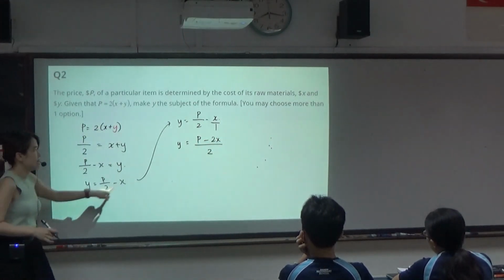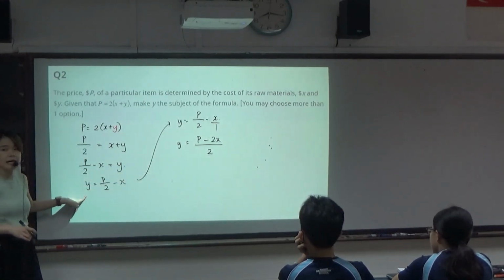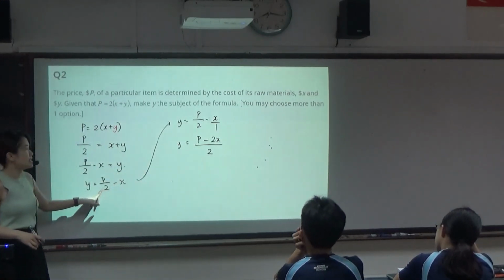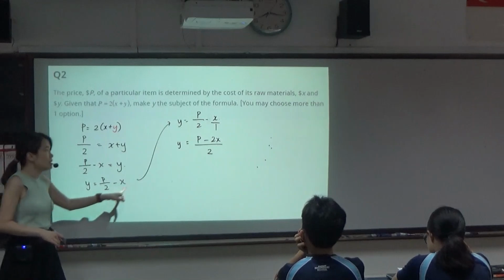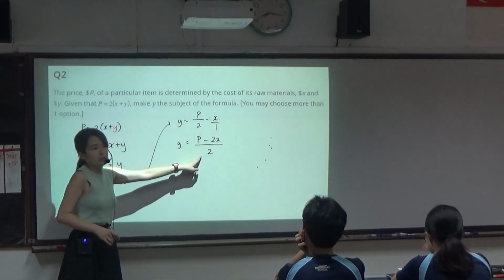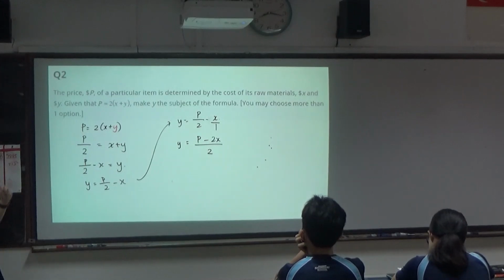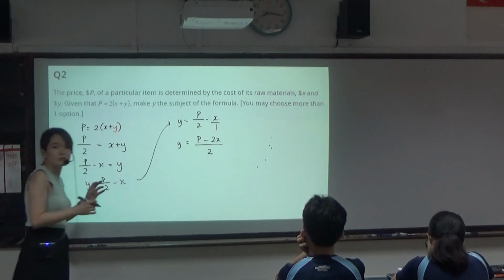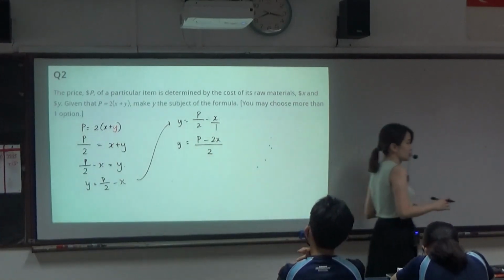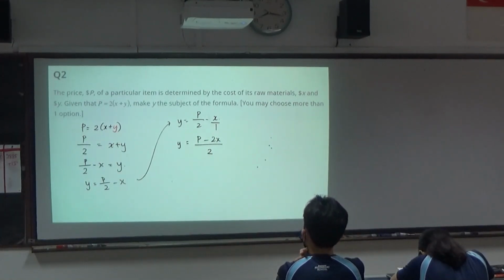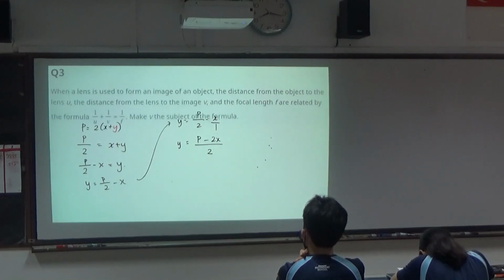Okay, so this and this over here, they are the equivalent answers, right? It's just that this doesn't share a common denominator, this shares a common denominator. Okay, so I need you to be able to recognize what is considered equal to each other or equivalent to each other. Okay, any questions for question 2? Okay, then let's move on to take a look at question 3.